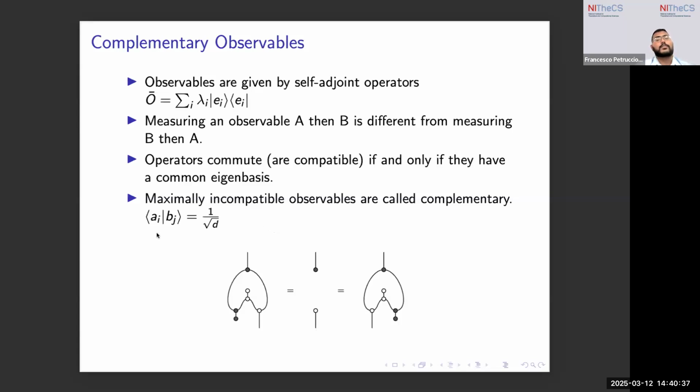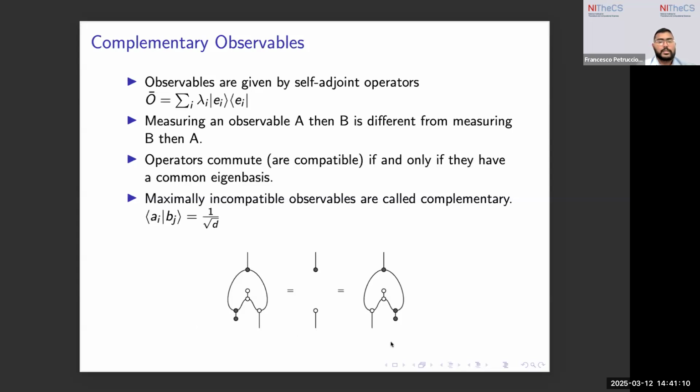And this is defined using this property at the bottom here. If you take any eigenvector in the one observable and any eigenvector in the second observable, and you take the inner product, we should get 1 over the square root of D, where D is the dimension of your Hilbert space. Generalizing this notion of complementary into the language of string diagrams, it becomes this equation on the bottom here.